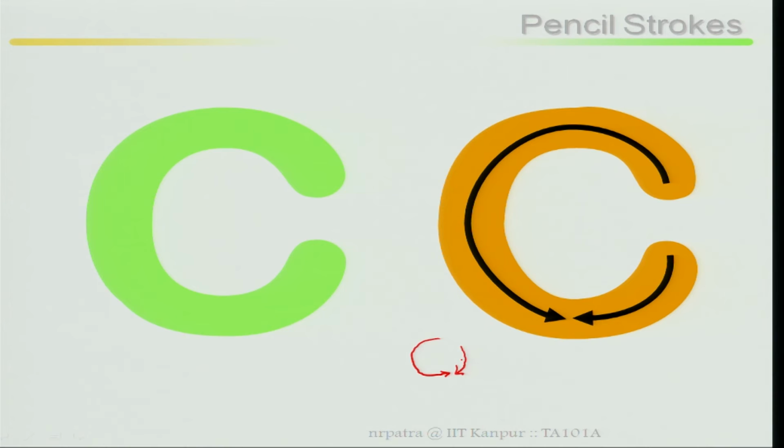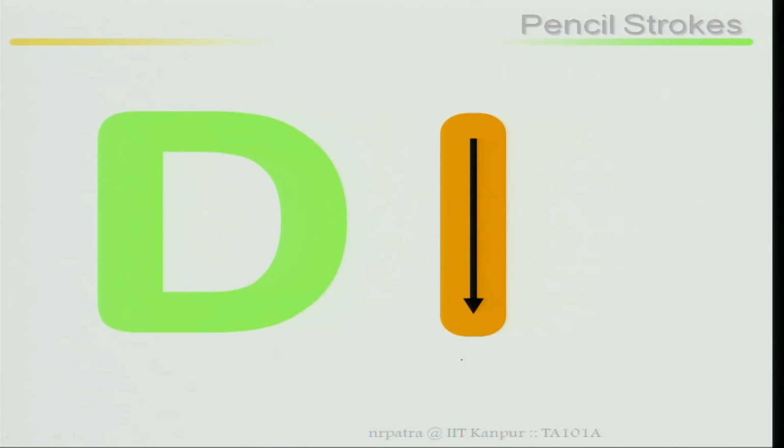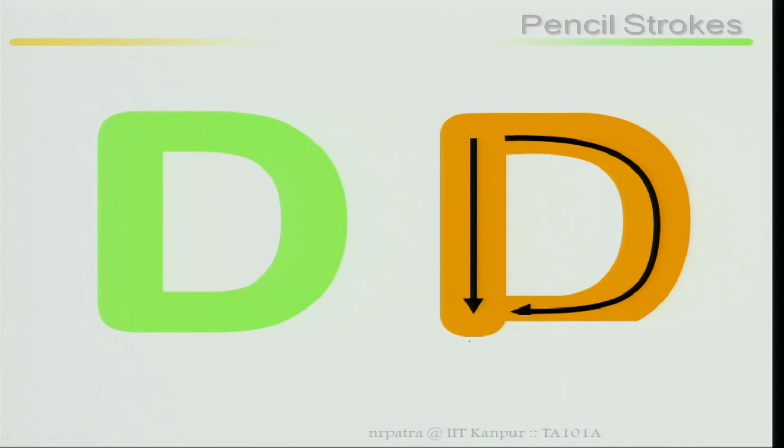This completes your C in engineering drawing. Then come to D. The first part of your D is a simple stroke, stroke 1, then the curve covers this way. This is your D.